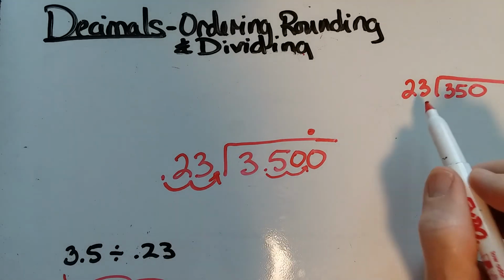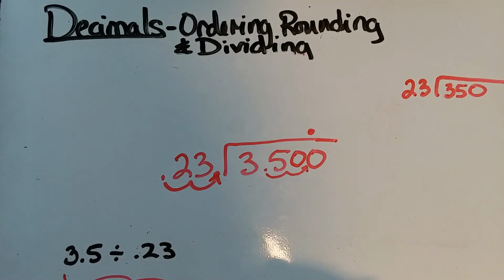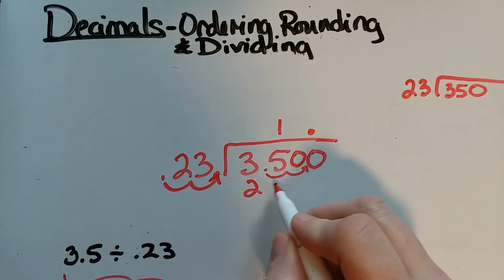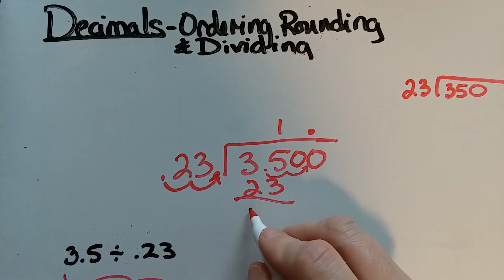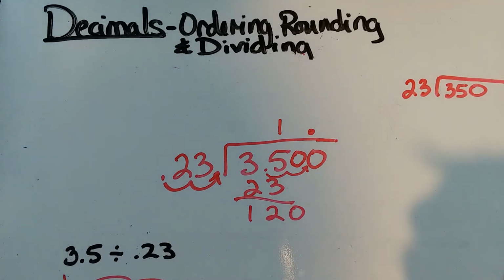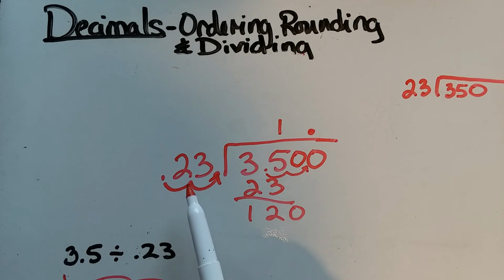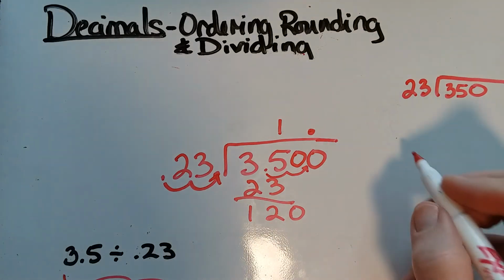So now we can divide 23 into 35. Well, we know that 23 into 35 goes once. We get 23, we get 12 left over. We have 120. And so we know that 20 multiplied by 6 would be 120. So we know that it's going to be less than that.